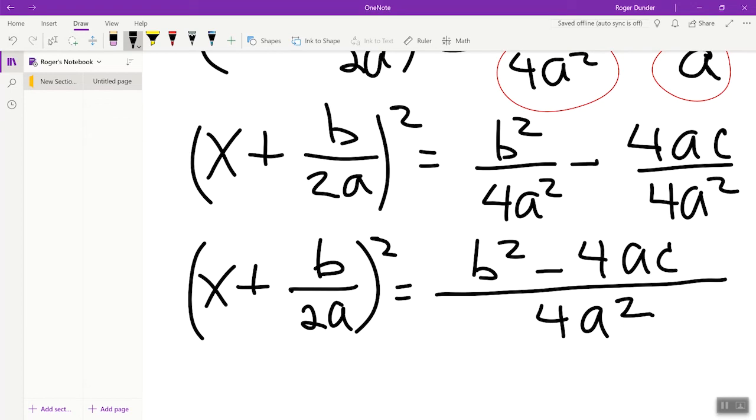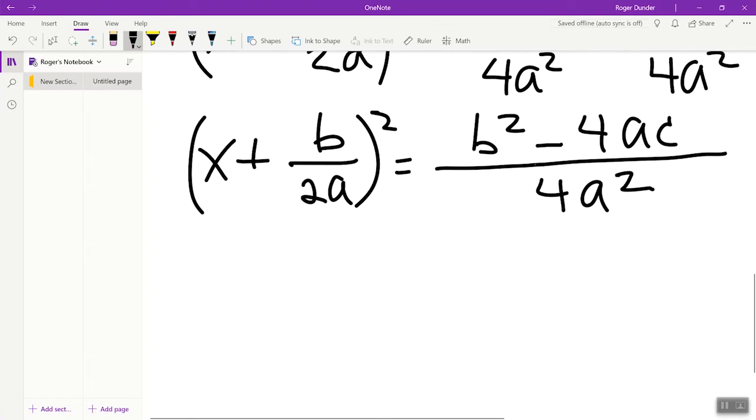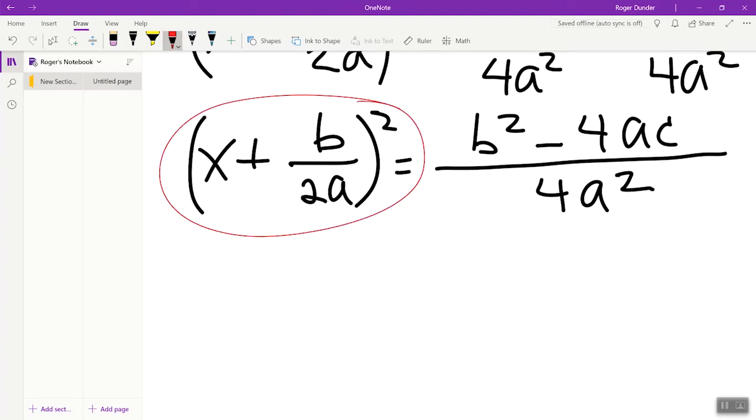Now you look at the left, and remember when we got to this point, typically, in our solution by completing the square, we would take the square root of the left and the right. And that's what we do here as well. So what's the square root of this expression right here? Well, squared raised to the 1/2 power, the 2's cancel out and we just get what's inside, x plus b over 2a.